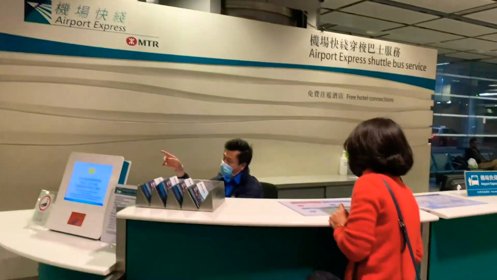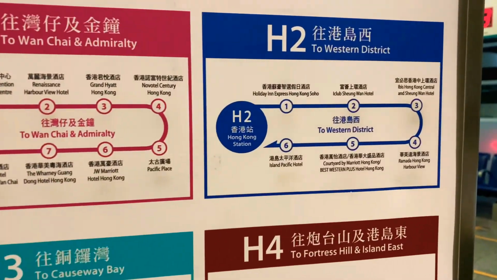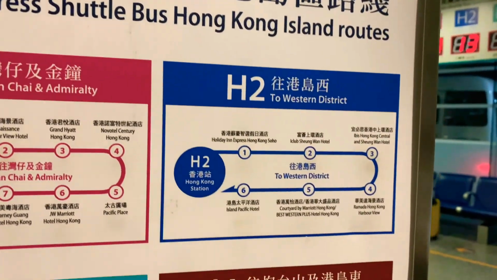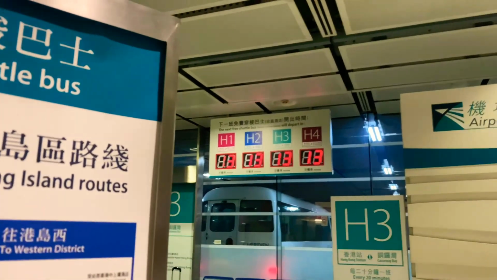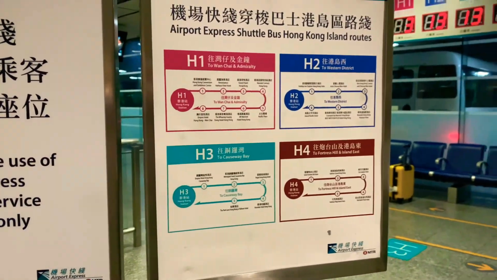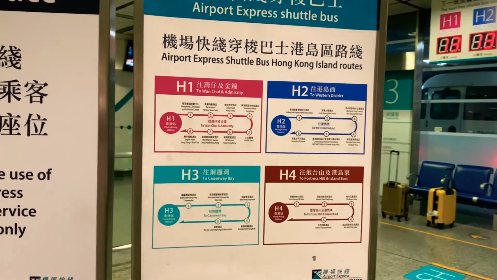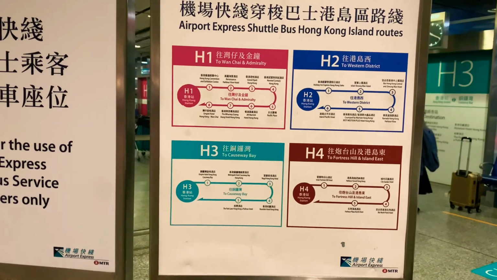There's also a concierge where you can ask. So you just take this bus. It's in 13 minutes they will arrive, and it's for free. You can get to your hotel for free from the train station.